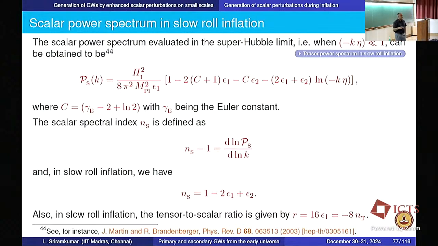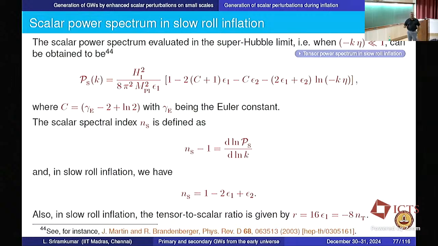That is why people are after detecting the imprints of the primary tensor perturbations, because you know what the scale of inflation is. But in contrast, this amplitude of the scalar perturbations contains this factor of 1 over epsilon 1. And the other point we are interested in is the scalar spectral index, n_s minus 1.